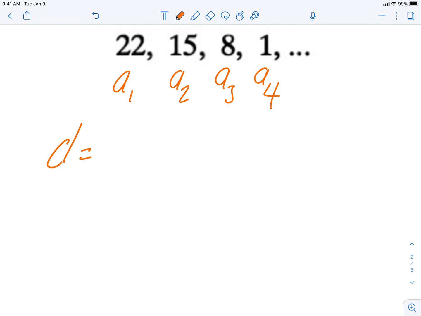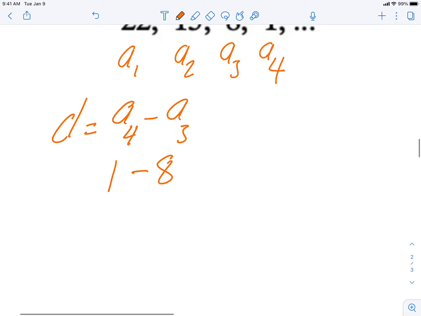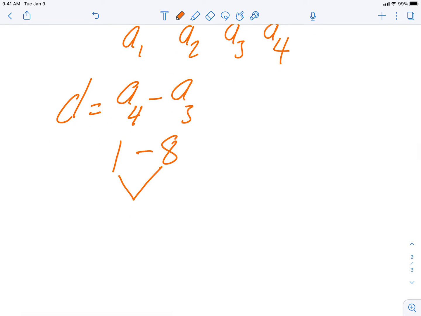D, with an arithmetic sequence, we're going to take the 4th term minus the 3rd term. The 4th term is 1 minus the 3rd term is 8, right? 1 minus 8, they are different signs. 8 minus 7 is 1, and it's a negative. So, right, my common difference is -7.